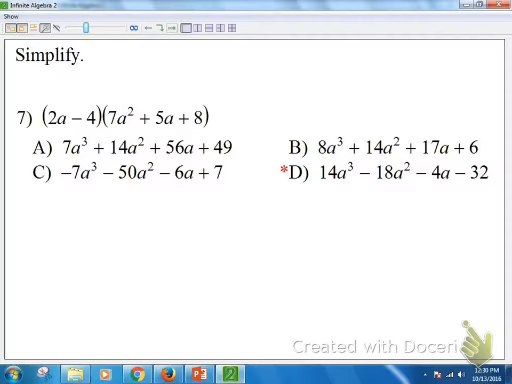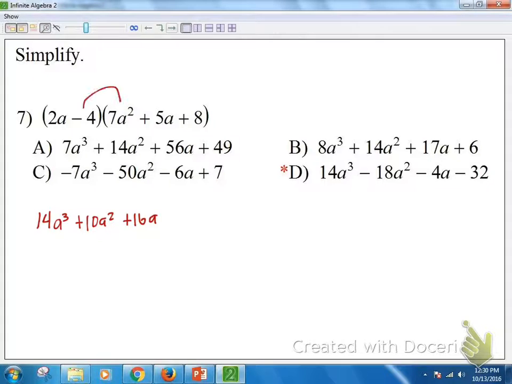Okay, this one now, we have to distribute. This is simplified, so we're going to multiply 2a times 7a squared, which is 14a cubed. And then we got 2a times 5a, which is positive 10a squared. And then we got 2a times 8, which is positive 16a.